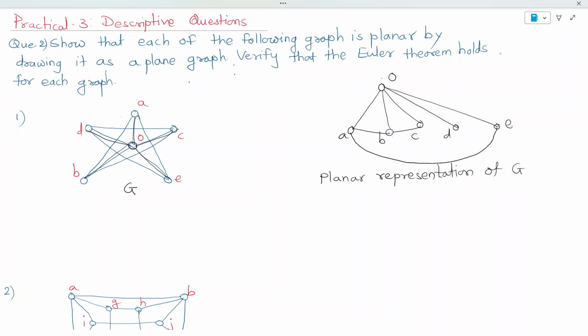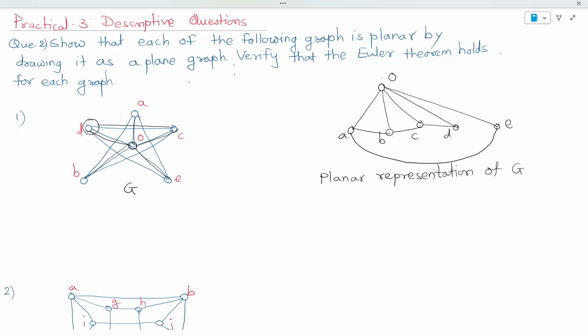C is adjacent to O, D and B. The CO and CB edges are drawn, so only CD remains.